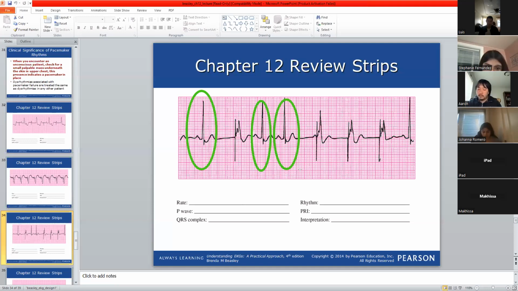Go by the 5 steps regarding these 3 circles. You consider P normal? Yes. Very good. You consider QRS normal? Yes. Very good. You consider PR interval normal?